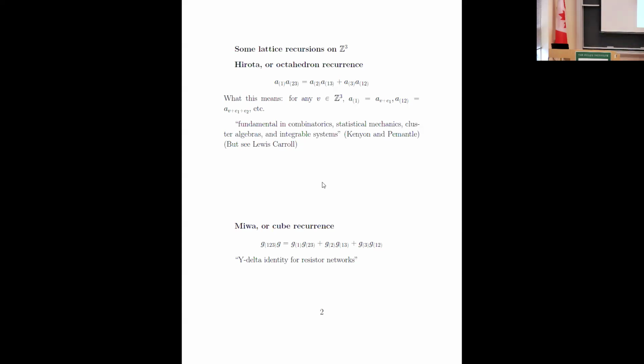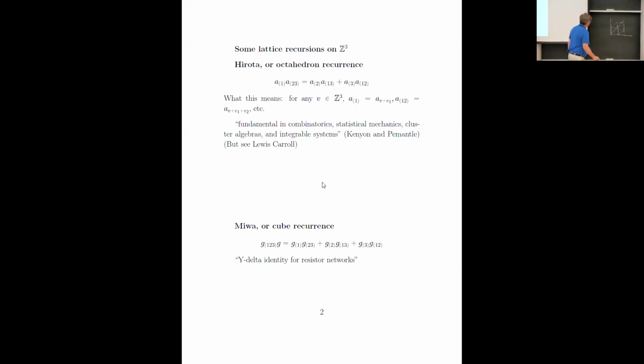So what this means is you have a lattice in Z3, and of course it's giving you little cubes. So let's see if I can draw cubes. That's sort of cube-like. That'll do.